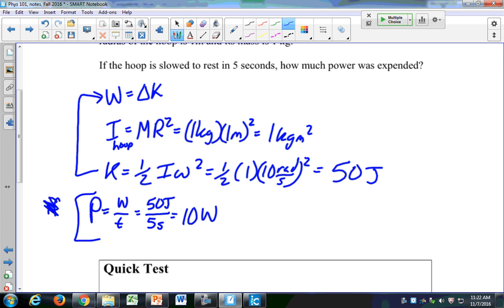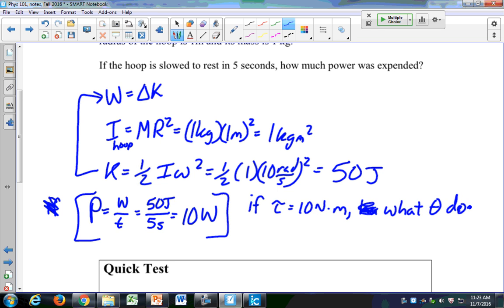Let's also say, this isn't written here, but let's say the torque is 10 Newton meters. What is the angle theta that it spins before stopping? This will come up in your quiz, actually, your OpenStax quiz.